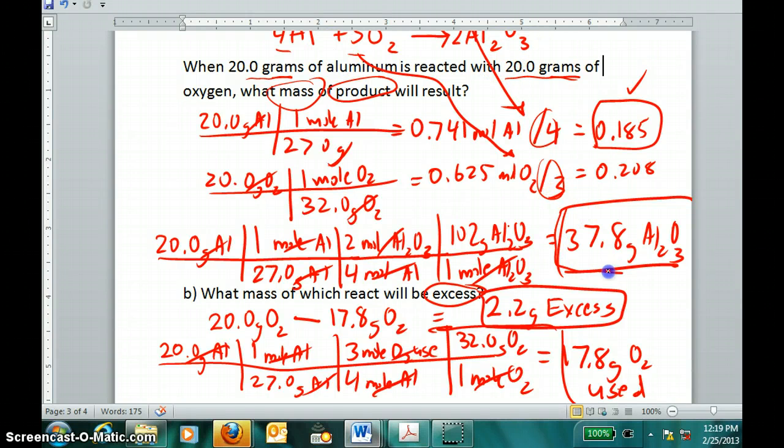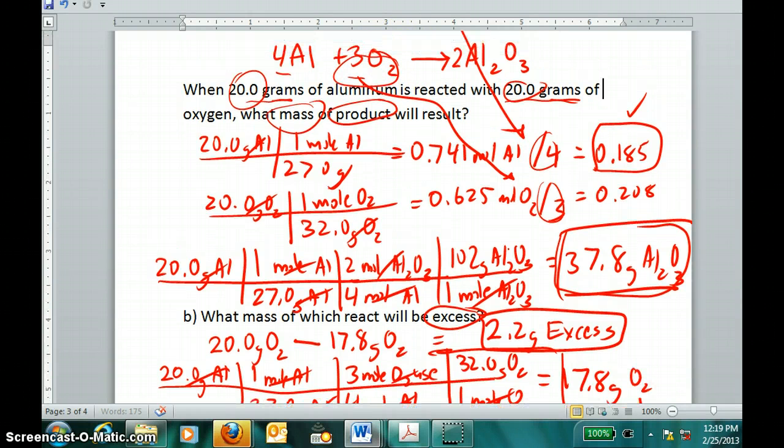But notice our product only contained 37.8 grams of matter. In other words, if I have 40 grams to start with and I end up with 37.8, it looks as if 2.2 grams of matter have disappeared. But they haven't. It's just unreacted O2 that's left over. 2.2 grams of excess. So that confirms my calculation of what I used.